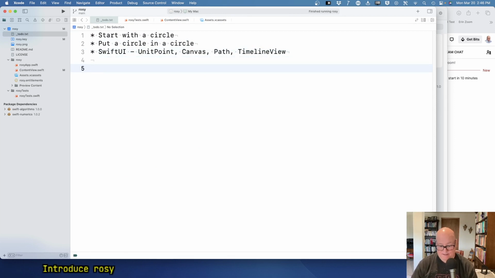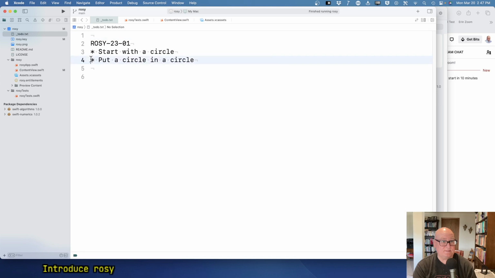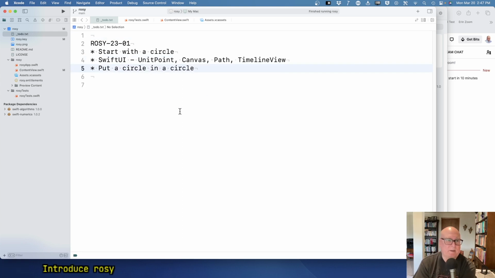We've got ROSY-23-01, and we start with a circle. We put a circle in a circle. This is just kind of information. Okay, we ended up using Path and Canvas and Timeline View. All the stuff I ran across reading about it came true. Alrighty.